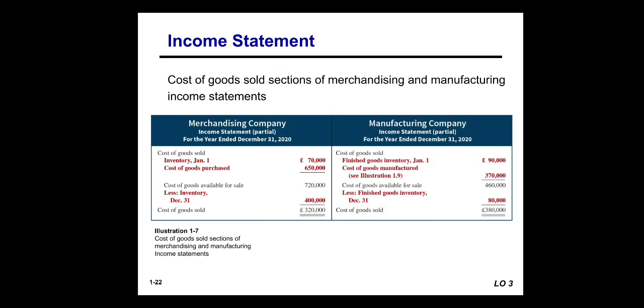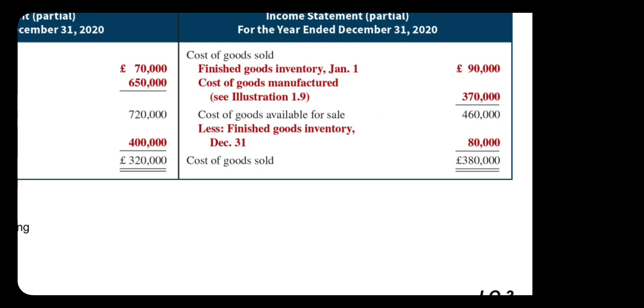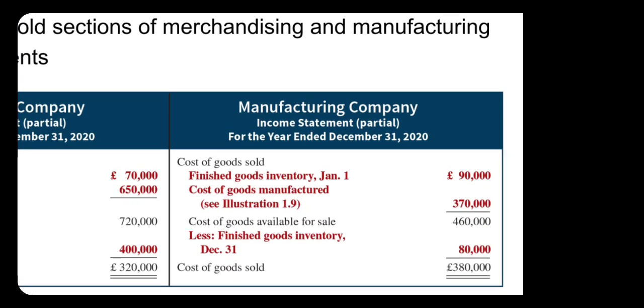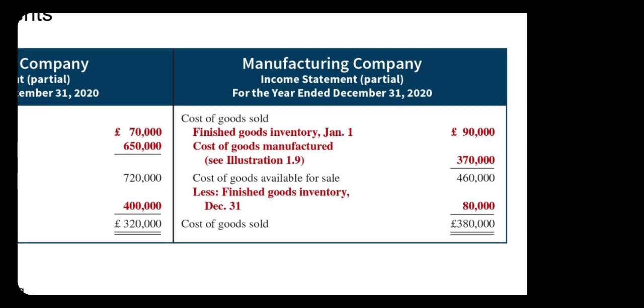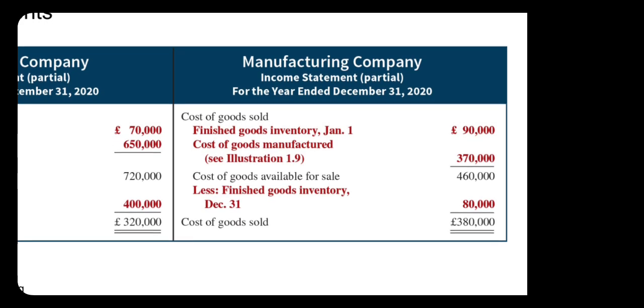So when you prepare the income statement, in the section to calculate the cost of goods sold for a manufacturing business, the calculation is like this. To calculate the cost of goods sold, first you have to show the finished goods inventory. In this example, £90,000, and then plus the cost of goods manufactured, £370,000.